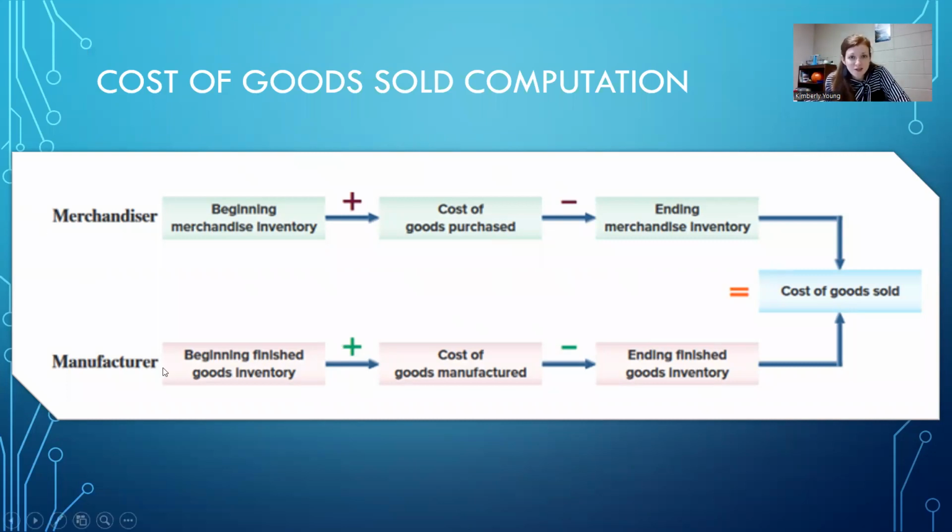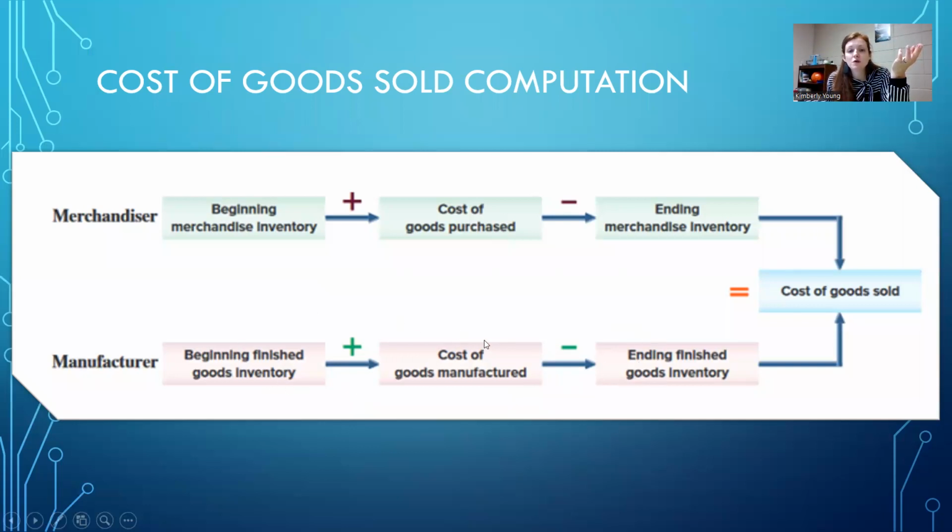Now, if it's a manufacturing company, a company that actually puts the bicycle together themselves, or whatever item they might be selling, we're going to take our finished goods inventory. We had three different inventories. This is just the finished goods, plus any cost of goods manufactured, any more that we finished, all those costs, minus our ending finished goods.